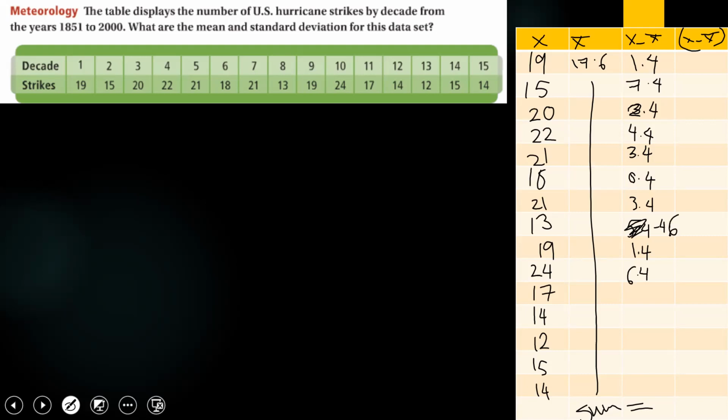And so on, okay? Then you have to find the summation of them. Square them here, as we know before. 1.4 squared. Shall I continue, or do you get the idea?